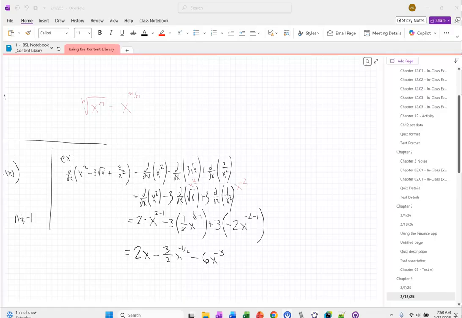And I introduced to you guys 4 rules for dealing with derivatives. The derivative operation distributes. You can pull a constant out front of the derivative operation. The derivative of a constant is 0. And the last one was the power rule, where the derivative of x to the n is equal to n times x to the n minus 1.